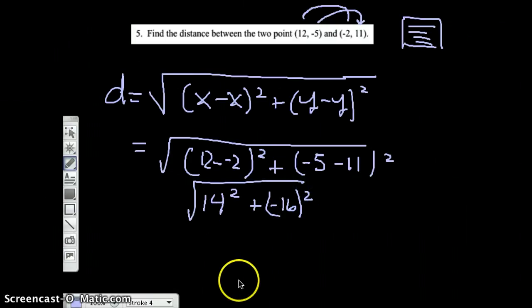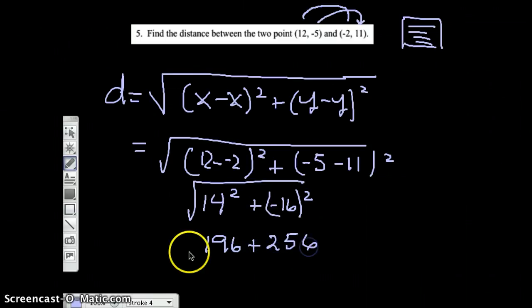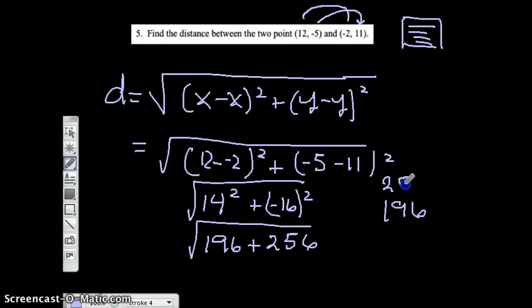All right, so this is going to be 196 plus, I believe 16 squared is 256. Now we're going to add those two together. 196, 256. Well, if I added 4 here, that would be 200, that would be 456.